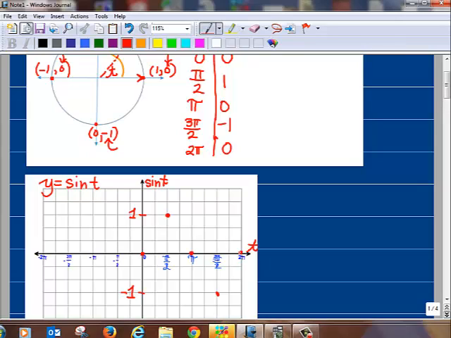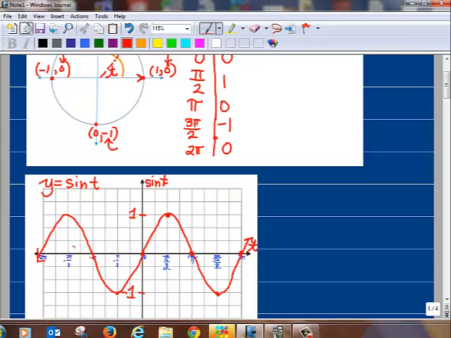And I'm back at 0 at 2 pi. So I can sketch the sine wave like so. This pattern will continue to repeat itself, and it also repeats going in the opposite direction. So this periodic function looks something like this.